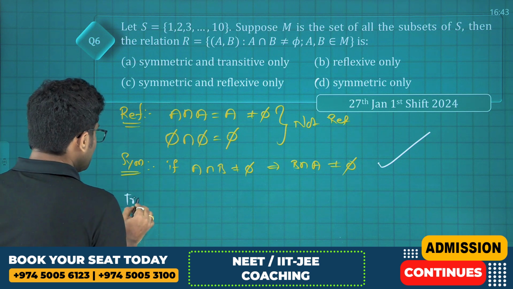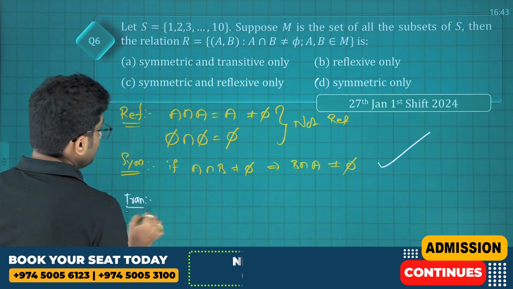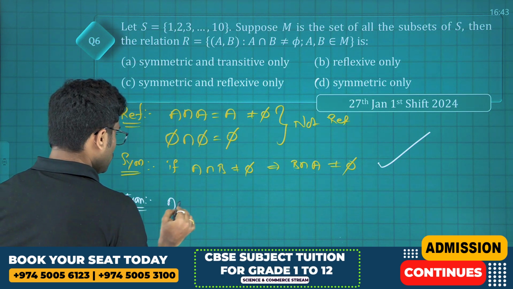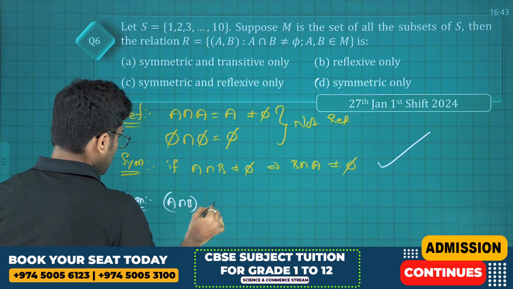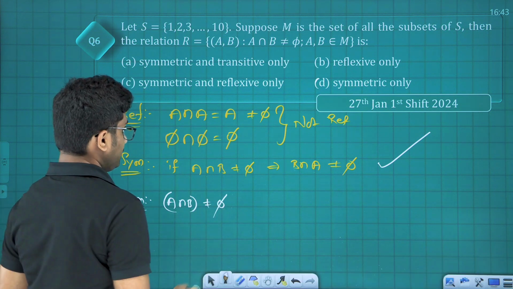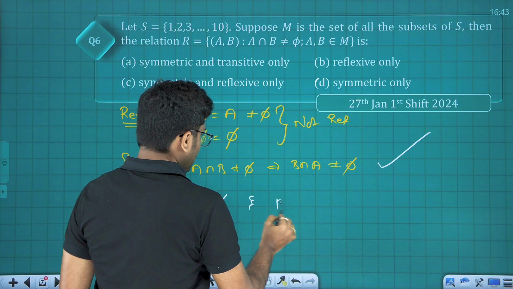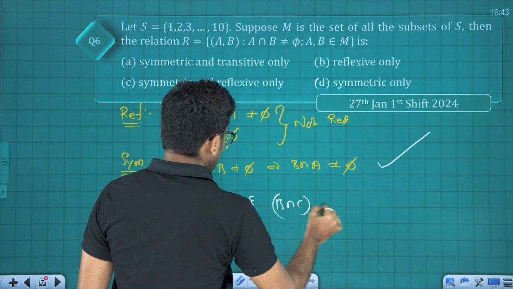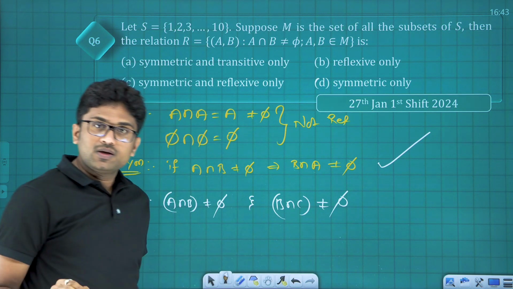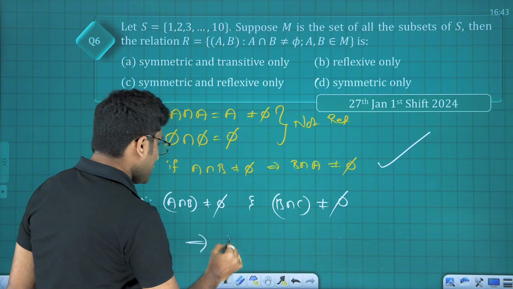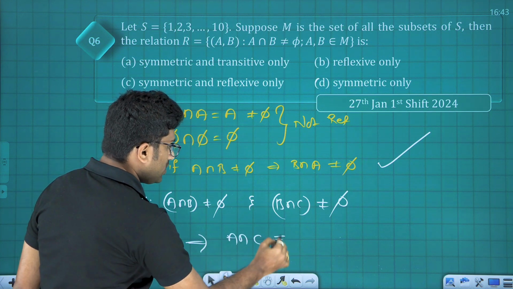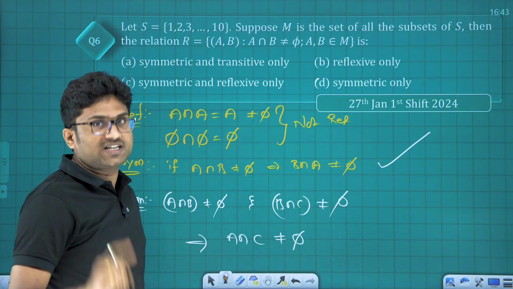To check for transitivity, what we have to do? A intersection B not equal to 5, and B intersection C not equal to 5. Now if we can say A intersection C not equal to 5, then it is said to be transitive.